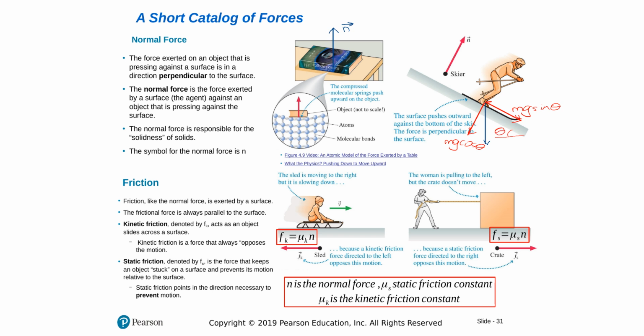This will always be the case, so keep that in mind. So the perpendicular force applied to the surface in this case will be mg cosine theta, and the normal force will be opposing it. Again, I like showing the forces on the object, so I'm going to show the normal force here in this fashion.